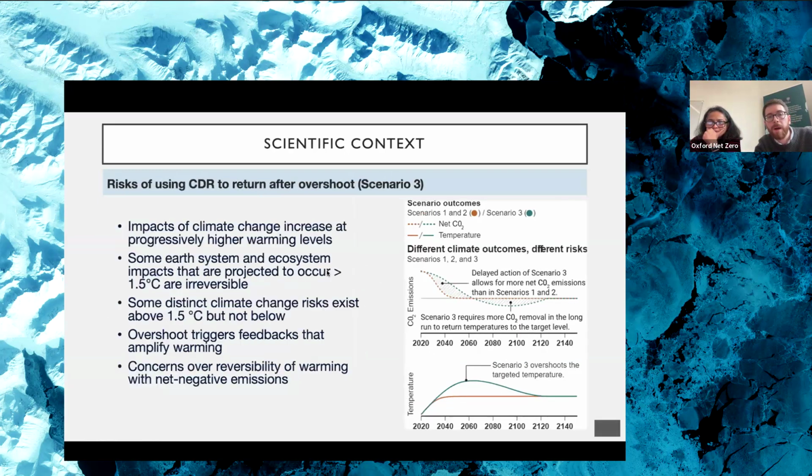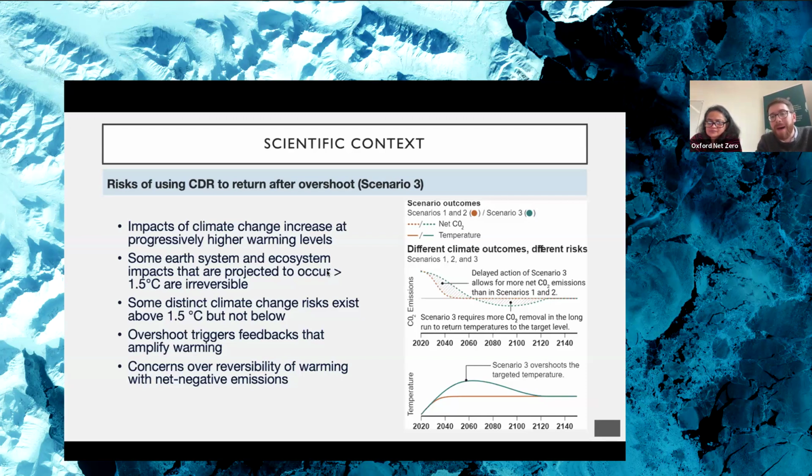So on that, the point about using CDR to enable overshoot, some of the key risks involved with CDR, this is where they come up. So part of the problem is that if you increase temperature beyond 1.5 degrees and subsequently return below it, during the period of overshoot, we're going to have lots of impacts that we wouldn't otherwise have had. And some of those impacts are going to be irreversible.